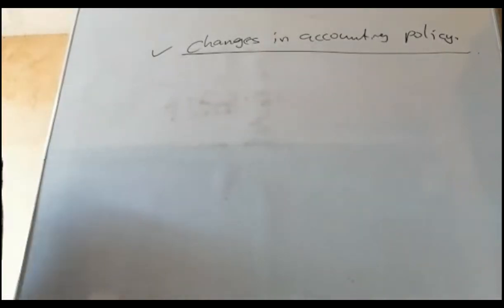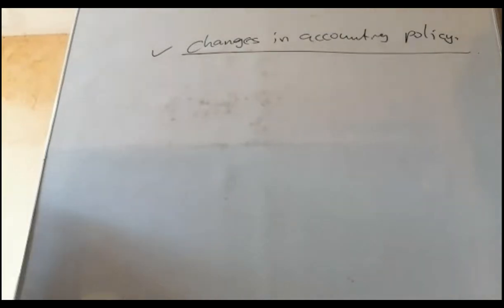Now the first example is what? The application of accounting policy for transactions and events that differ in substance from those previously occurring. So, like, there's a transaction, but this time around, the transaction is different. So you decided to select what?